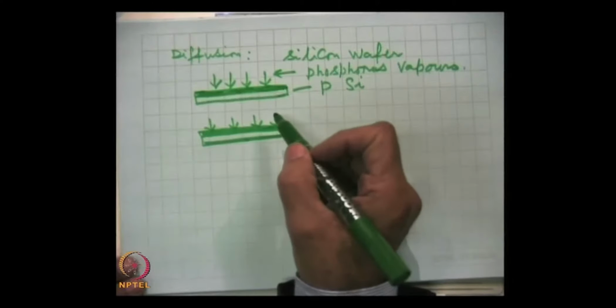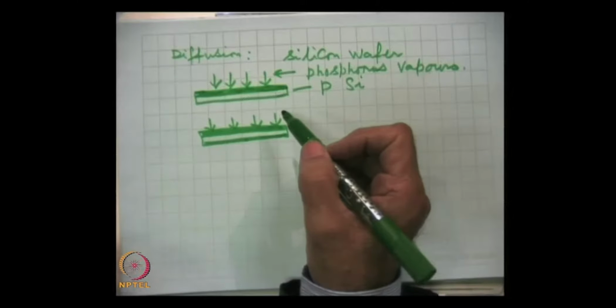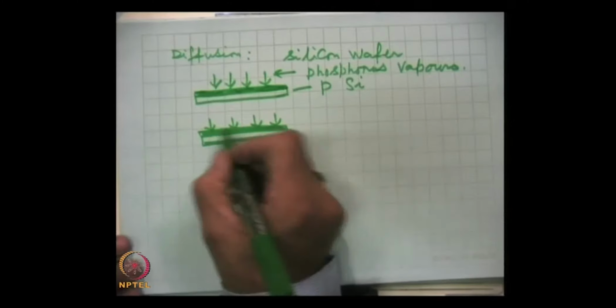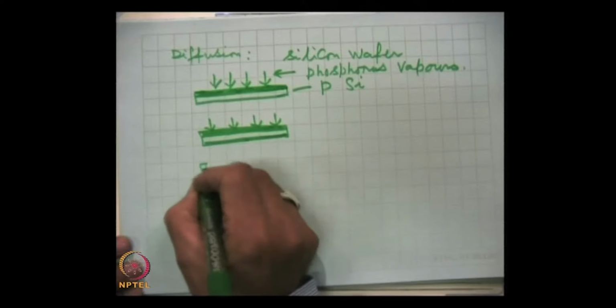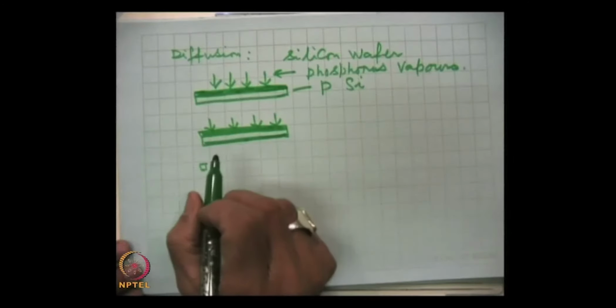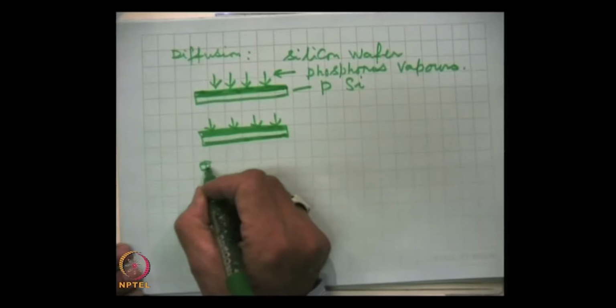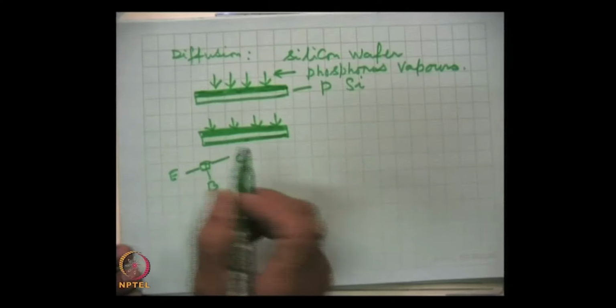Both sides now have n type, but they differ in their doping levels, and ultrasonically we can cut, and each one will be a small chip like this, on which electrical contacts can be made, and then this can be a transistor. This will be base, collector and emitter.